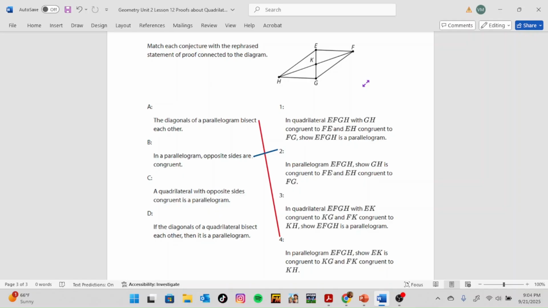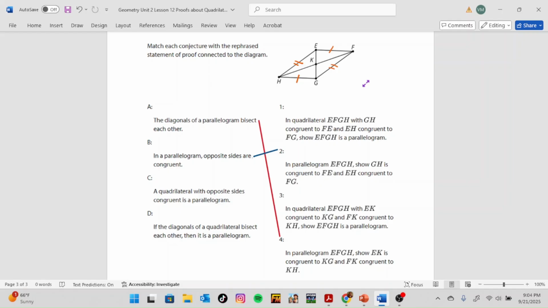Conjecture C: a quadrilateral with opposite sides congruent is a parallelogram. If you look at proof number 1, in a quadrilateral EFGH with GH, the line on the bottom, congruent to FE, the line on the top, and EH, the line on the left, congruent to FG, the line on the right, show EFGH is a parallelogram.